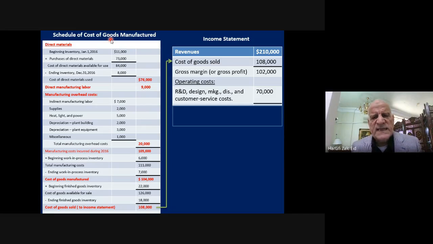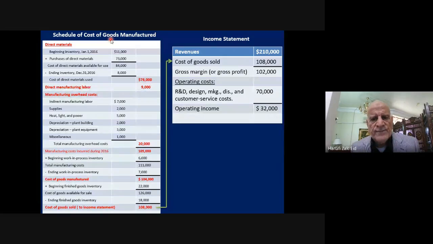It consists of research and development costs, design costs, marketing costs, distribution costs, and customer service costs. So by deducting this, we have operating income $32,000.